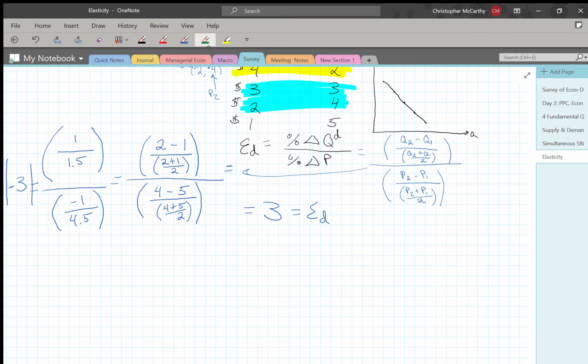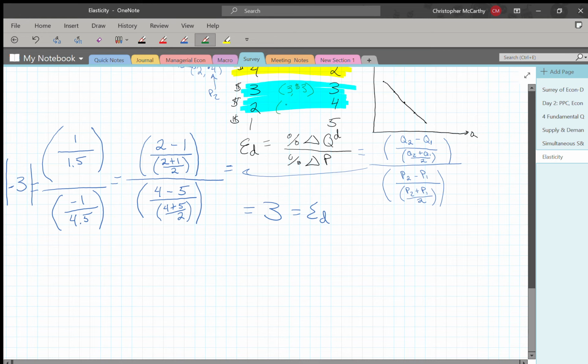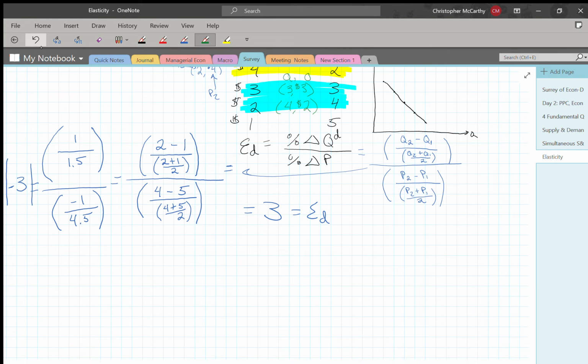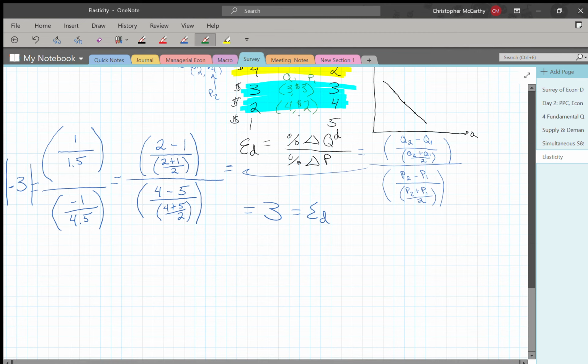So again, how can we think of this? We can think of this as pairs, right? We have a pair here that's 3 for $2. So this is my Q1, this is my P1, this is my Q2, and this is my P2.